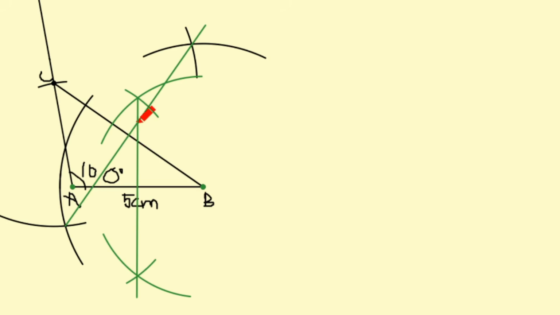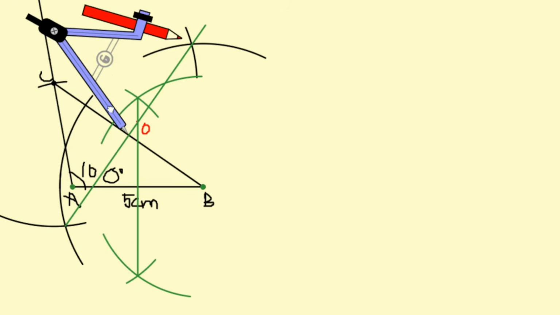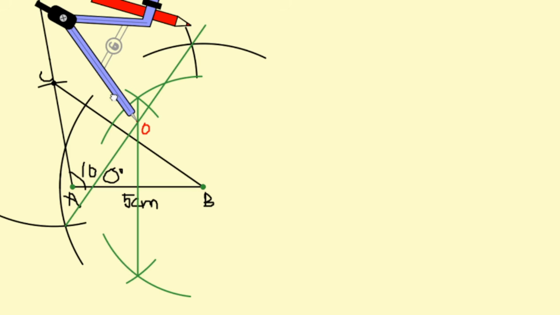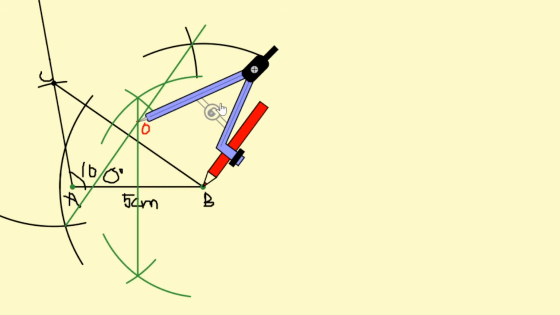So this is the center. This is the point where the two perpendicular bisectors are meeting. We will name it as O. Now we will take this O as a center and the radius from O to B and lock it.